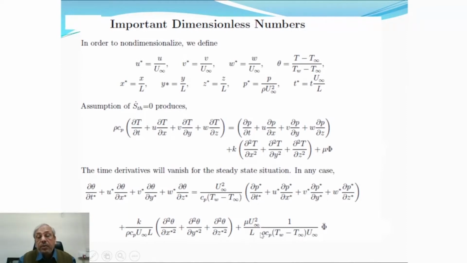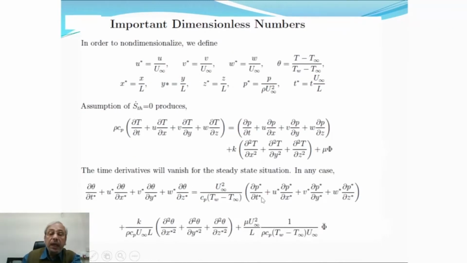So that L² into L, which is coming from the left hand side, one L will cancel out. So we will get μ U∞² by L ρ Cp (Tw − T∞) U∞ multiplied by the non-dimensional viscous dissipation function. So this is the non-dimensional form of the equation.